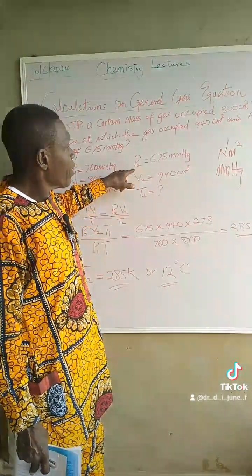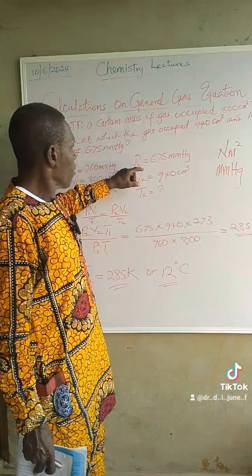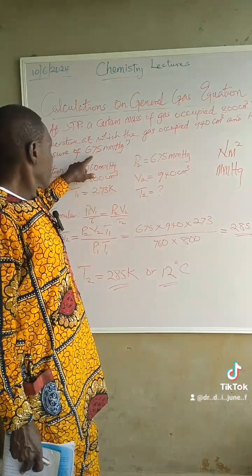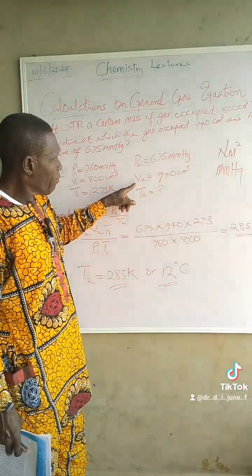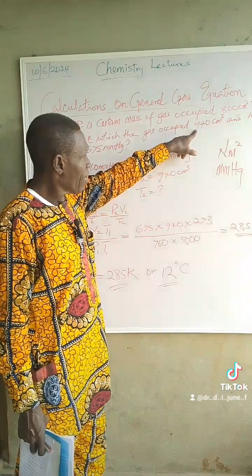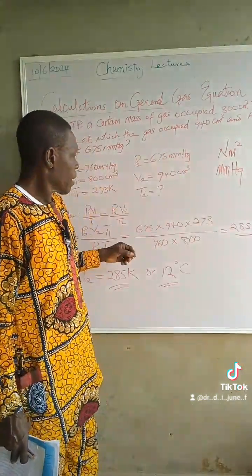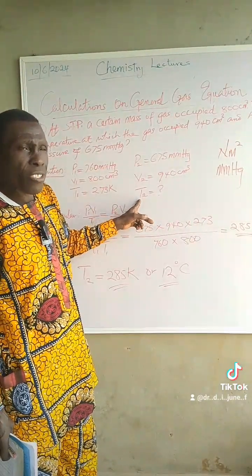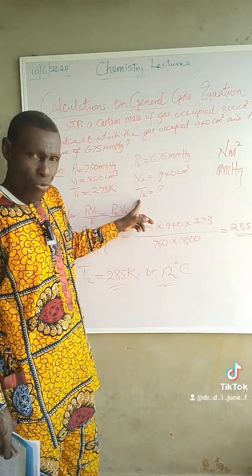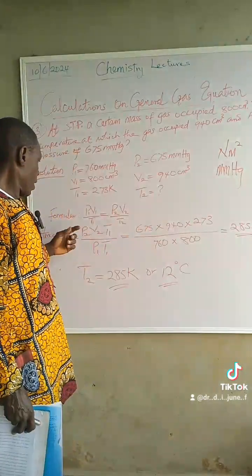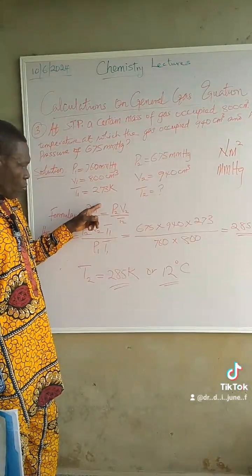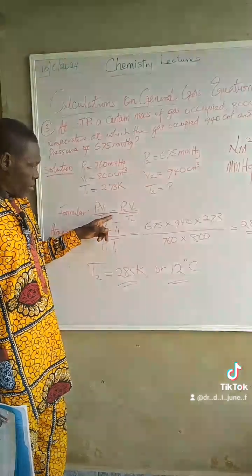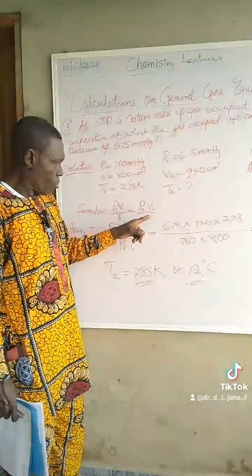So the final pressure is given in the problem here, which is 675 millimeter mercury pressure. The final volume is also given, 940 cm cube. Then the final temperature, T2, is what you are asked to calculate. Now let's go to the formula. As usual, P1V1 over T1 equals P2V2 over T2.